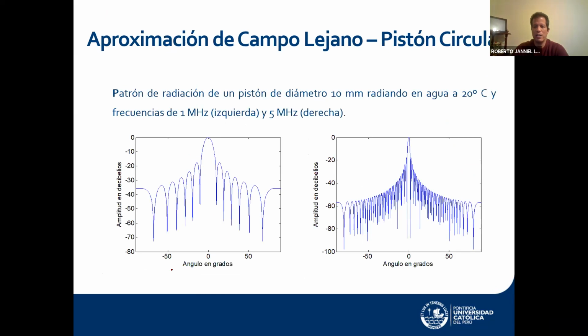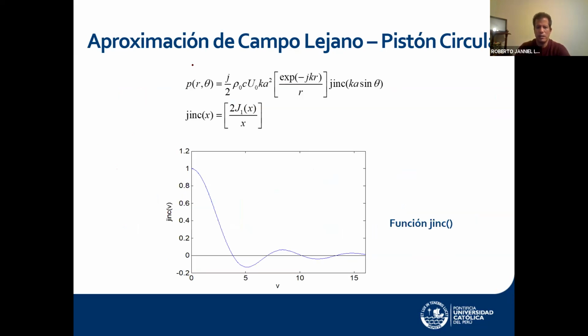And actually, this is showing you how the radiation pattern of a transducer would look, for a fixed diameter at 2 different frequencies. You can see that, in this case, because the shape of the transducer is a circle, the Fourier transform would be a jinc function, which is described in your notes for lecture number 3.